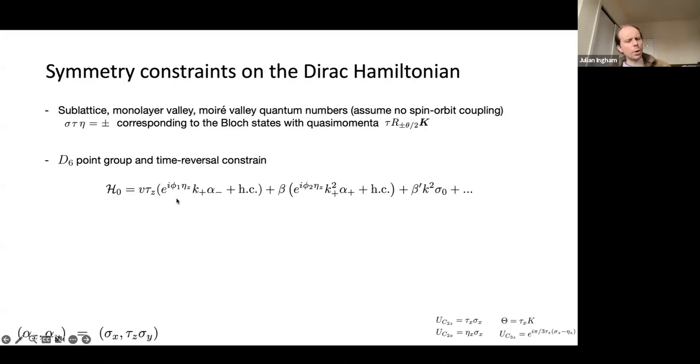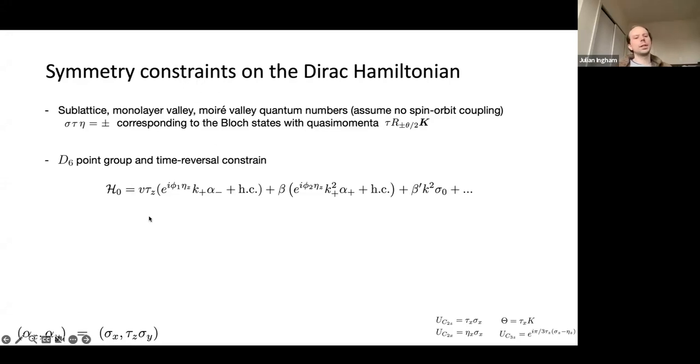So we're going to construct a Hamiltonian using sublattice, monolayer valley, and Moiré valley, which we will denote with sigma. And as I've said previously, monolayer valley tau and Moiré valley eta, which are plus minus 1. And these correspond to Bloch states at these high symmetry points in the Brillouin zone.